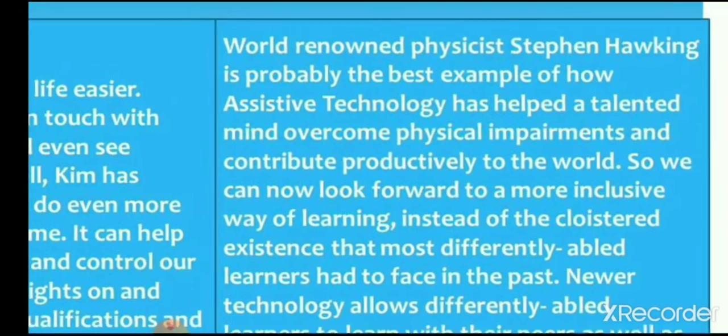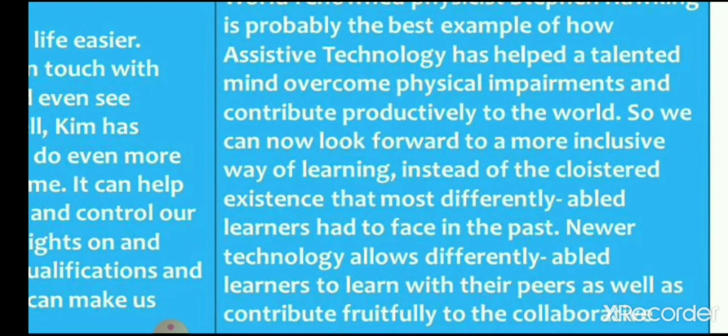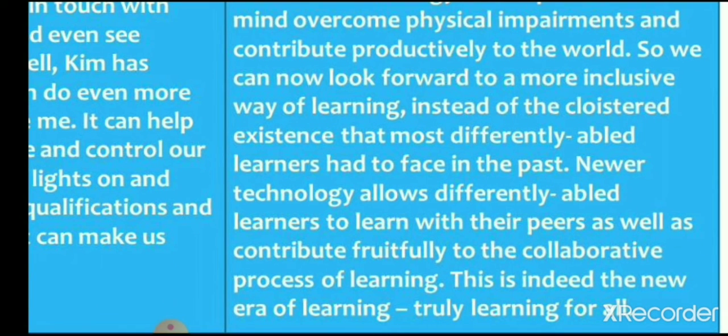You know, the world-renowned physicist Stephen Hawking is probably the best example of how assistive technology has helped a talented mind overcome physical impairments and contribute productively to the world.